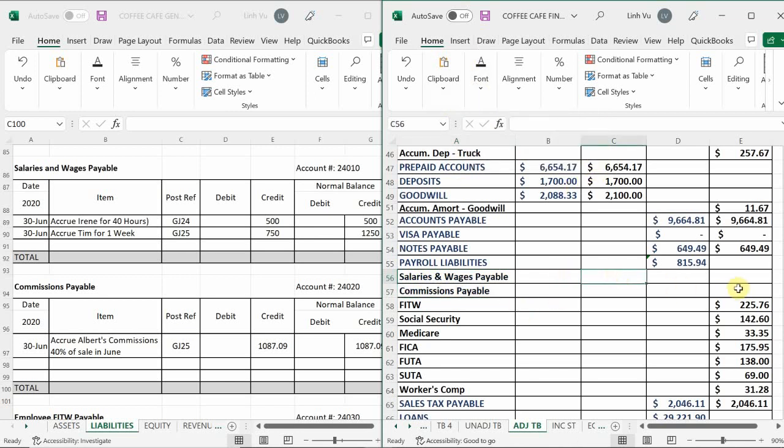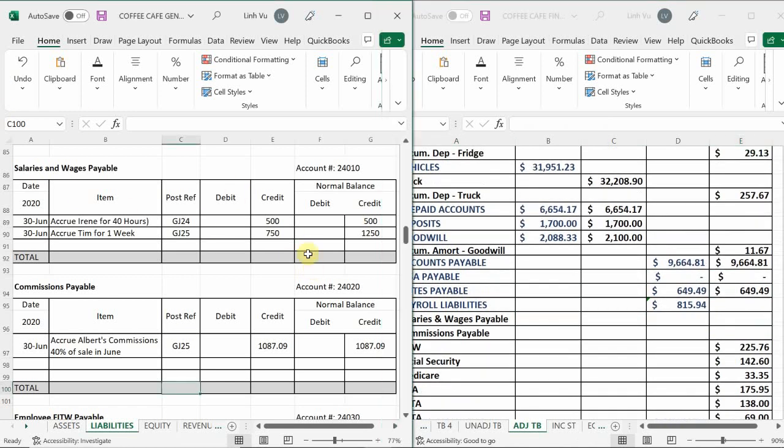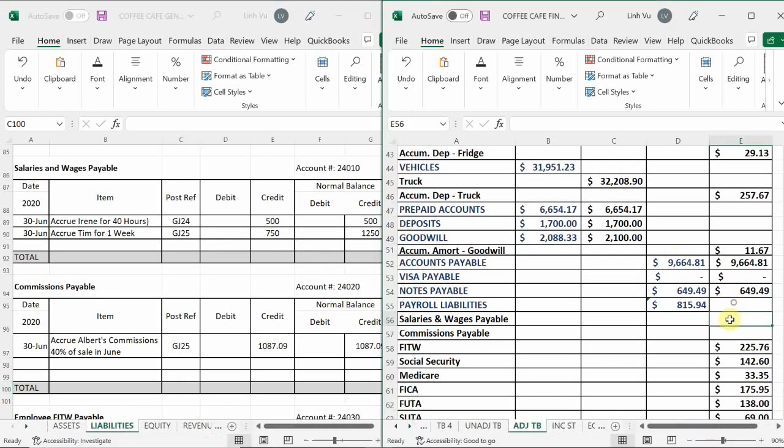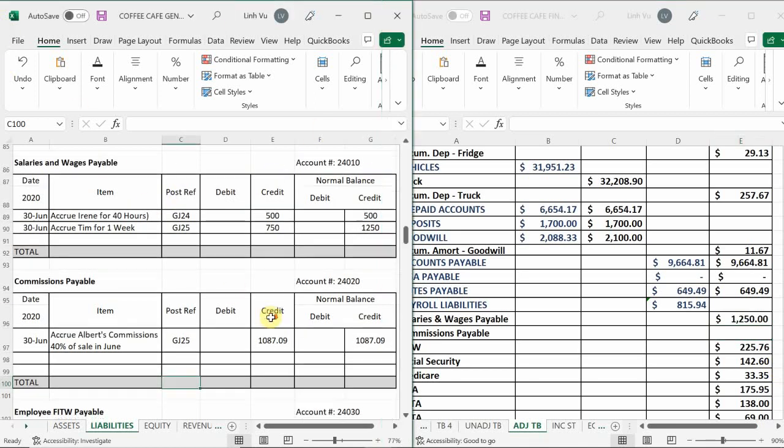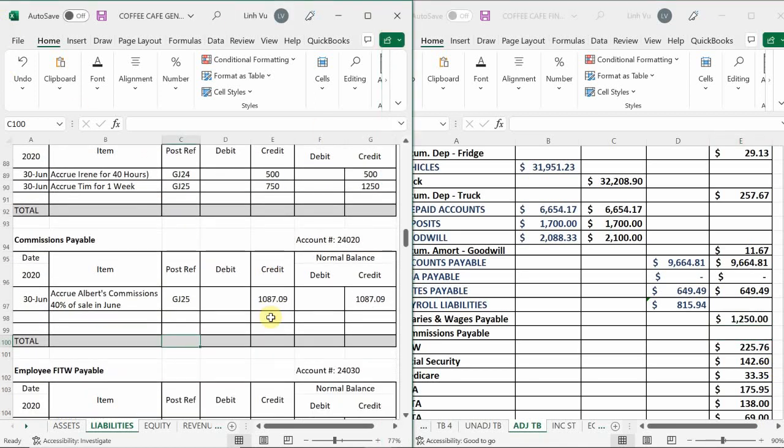Okay. In this case, my salaries and wages payable is $12.50 even, and my commissions payable is $1,087.09.